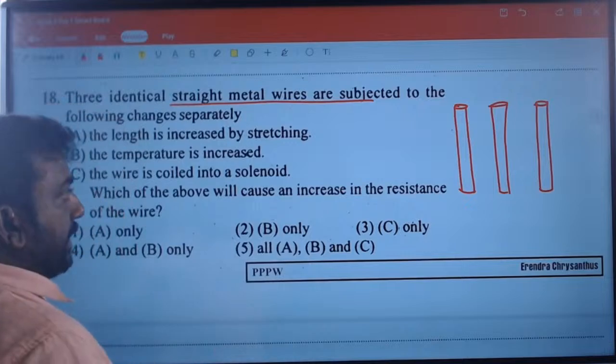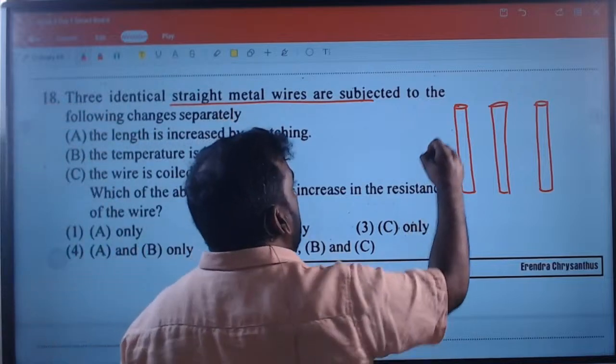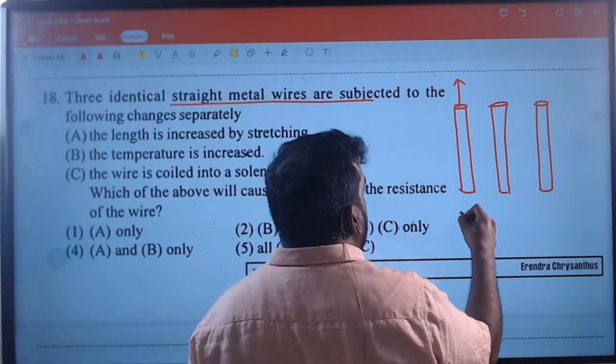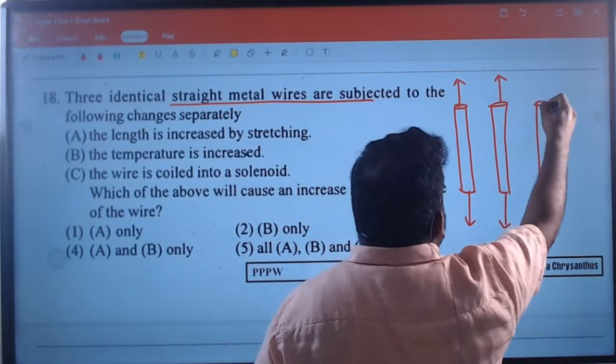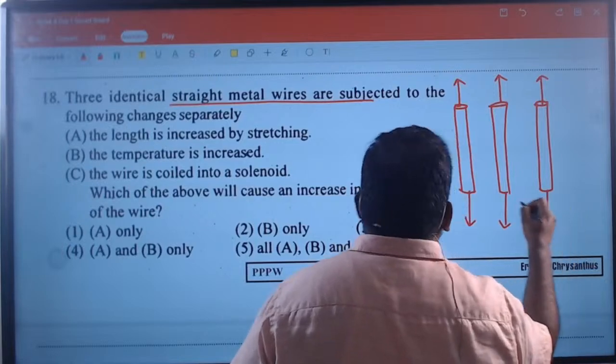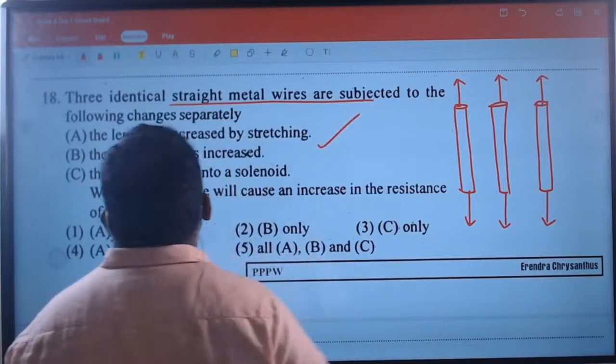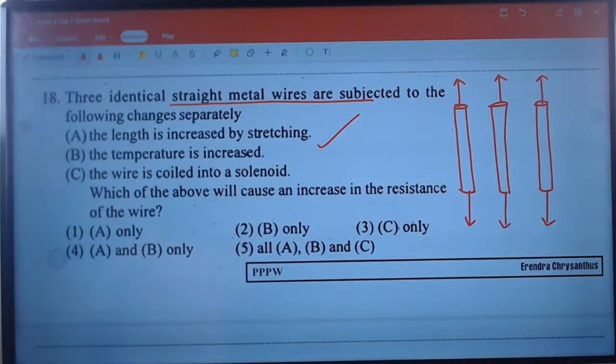You can increase the length by stretching, yes. If you apply a force in that direction, length can be increased. The temperature is increased. Be careful.